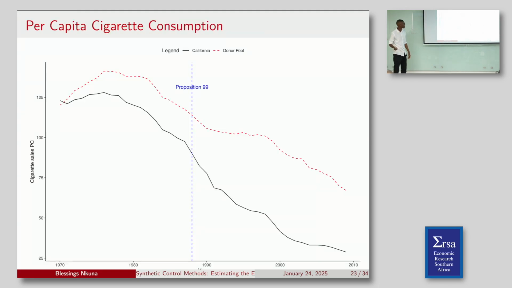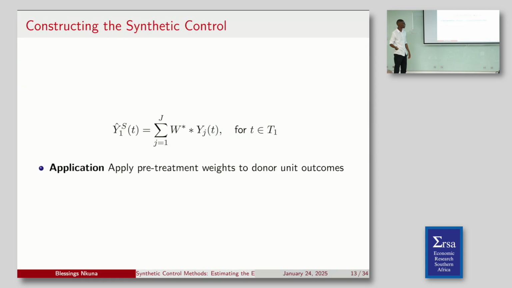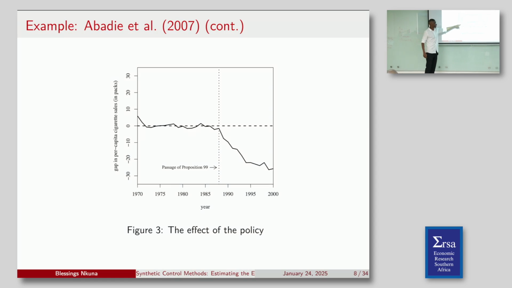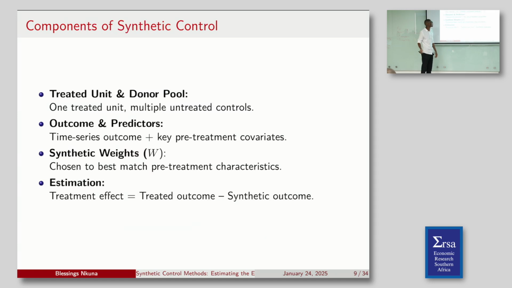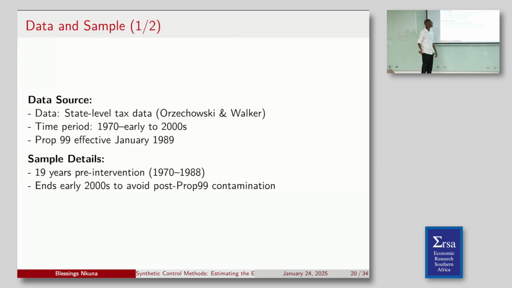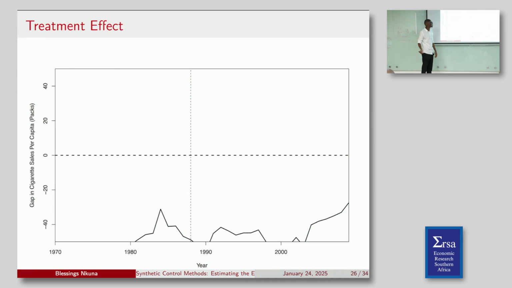In the previous one, I just want to go back and show you what they got as a treatment effect. So they get minus 30%, 30% decrease basically in cigarette sales. And what we get the first time is over 60%.